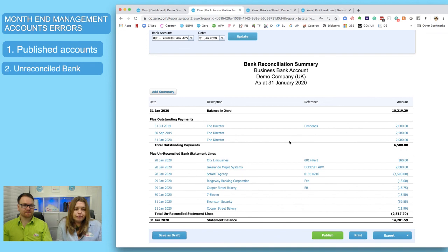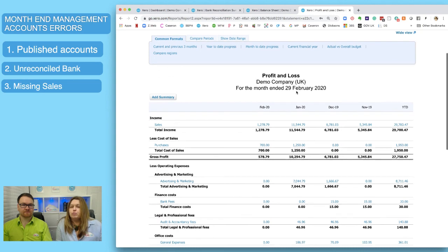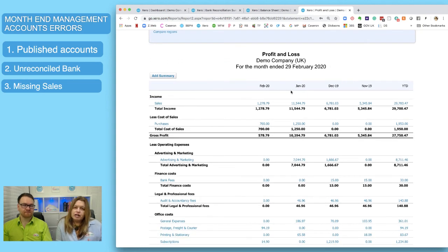Right, so number 3, most common errors that we see are missing sales. So here we're going to pop into the P&L, and quite often what happens is a customer has forgotten to raise an invoice, or perhaps has done the work and then not raised the invoice.